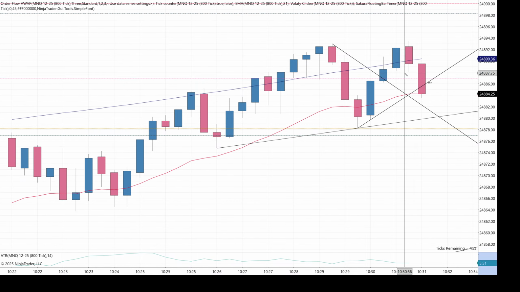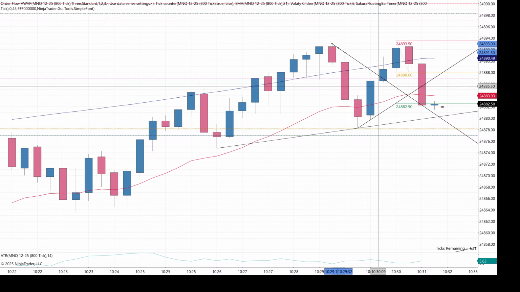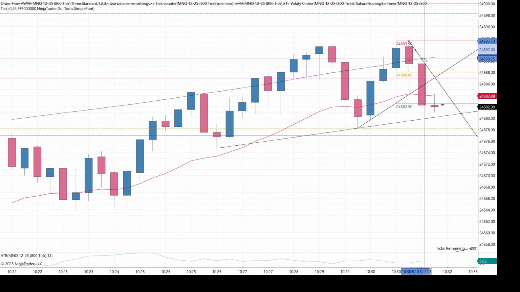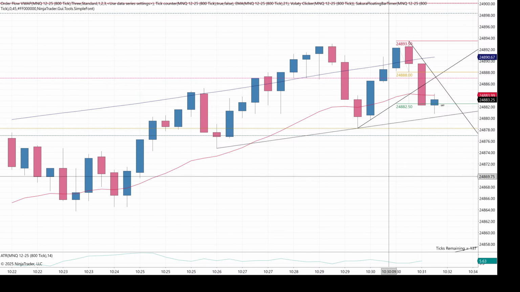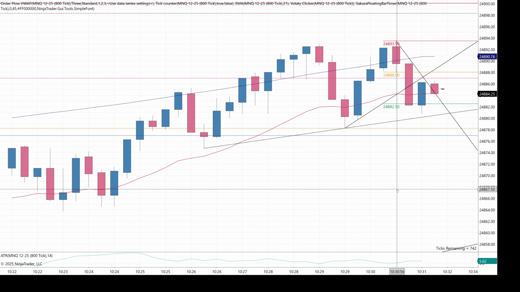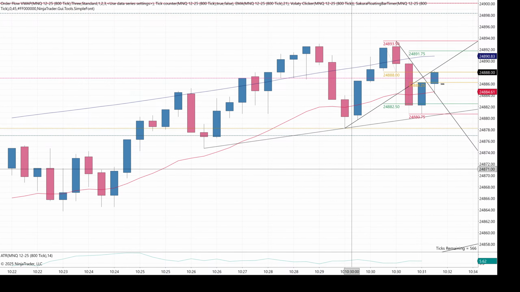This is a bearish trigger up here. And this is also a bullish trigger down here. So, again, these dual triggers do not make for a very good trading experience.